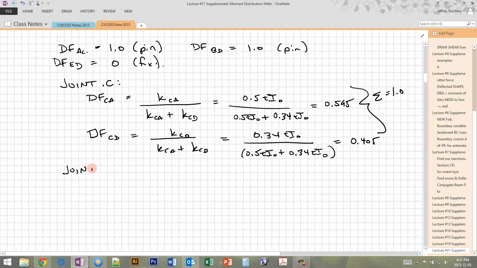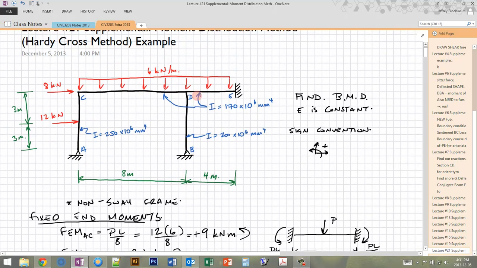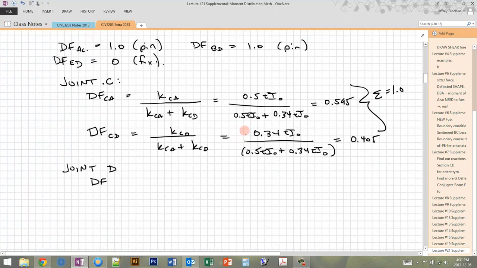Now the last joint that we have to look at is joint D, and this one has 3 members. So here's joint D. We have DC, DB, and DE. So it's going to be relative to the stiffness of DC over the total stiffness of all 3, or DB divided by the total stiffness of all 3, or DE divided by the total stiffness of all 3.